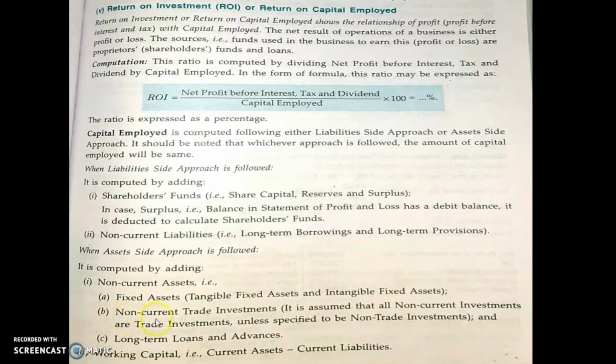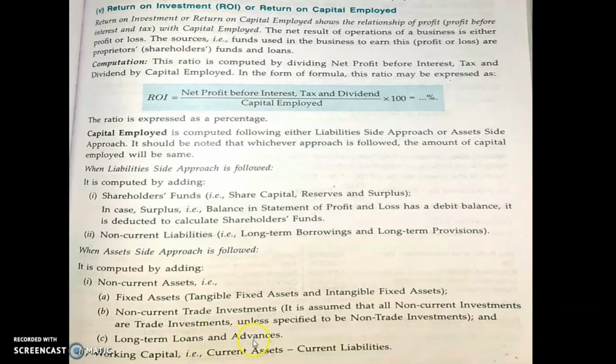Then non-current trade investment is also considered. It is assumed that all non-current investments are trade investments unless specified to be non-current investments. So all the items of trade investment we have to take as non-current investment. Okay. Then long-term loans and advances.